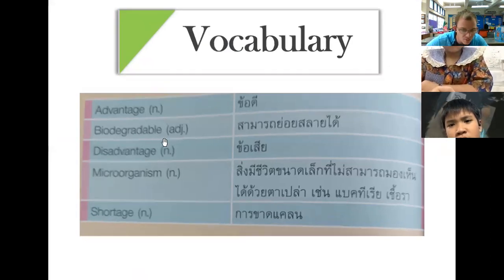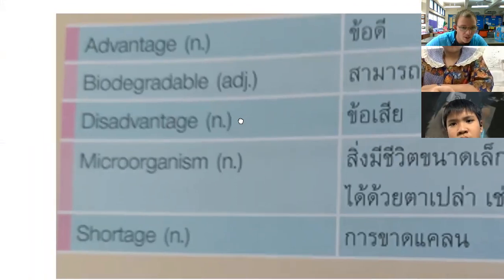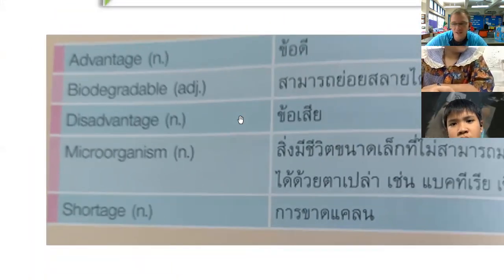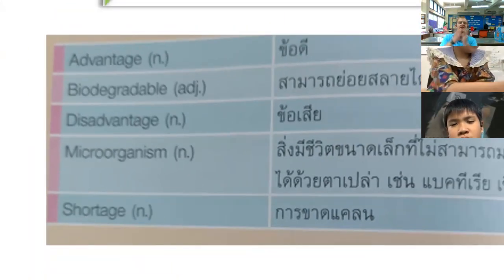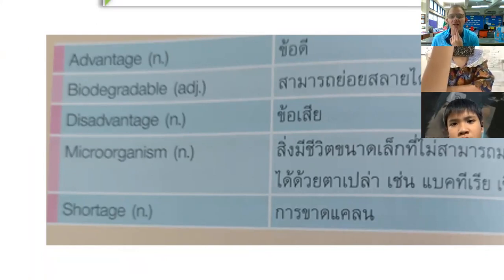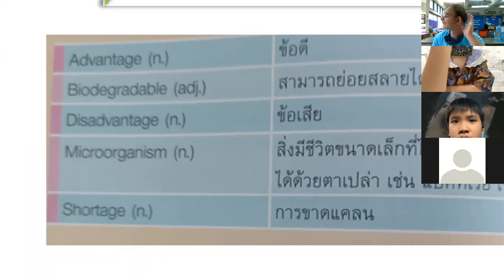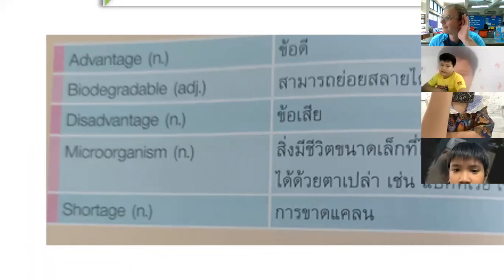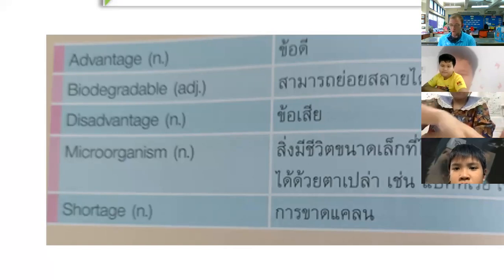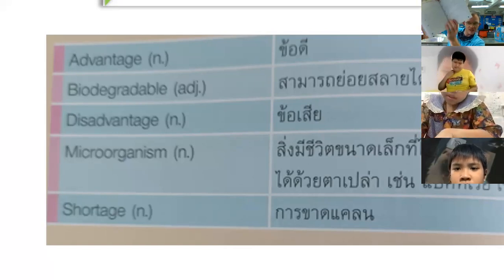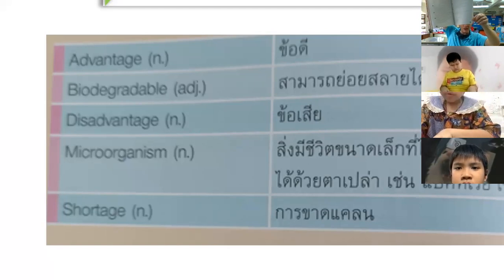They are a little bit blurry. I was struggling to get it nice and clear. The first one over here is advantage. Teacher, what is the page? The page will be 122. It is the page just after the unit test, page 121.